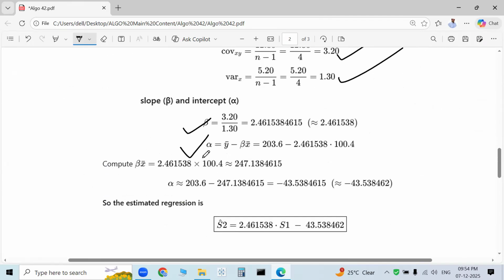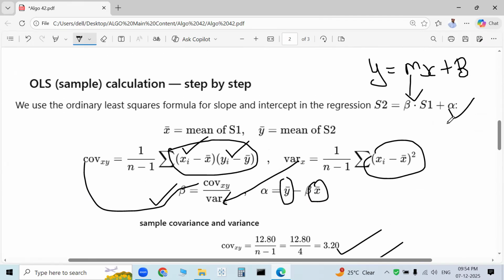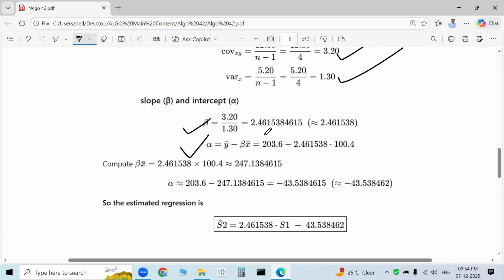Once we get alpha and beta, we are going to put this alpha and beta in this equation, y equal to beta multiplied by stock number 1 plus alpha. And instead of y, we can write stock number 2. So stock number 2 is beta times stock number 1 plus alpha.